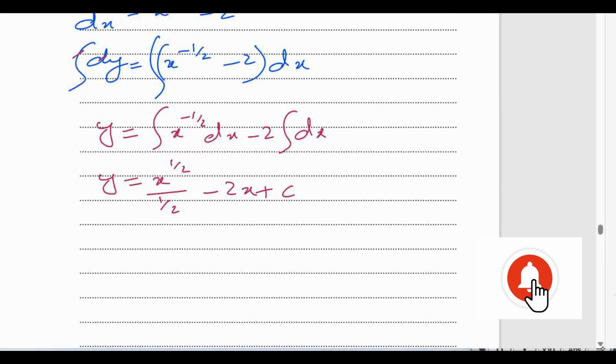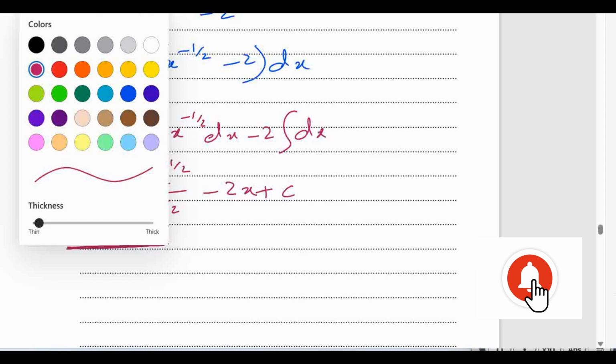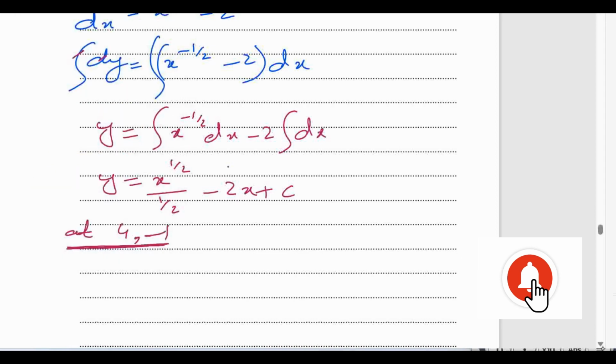Now at point 4 and minus 1, it is given in the question. Now let's see what will be the value of the equation. So this will be minus 1 is equal to 2 into x, where x is 4, power 1 by 2 minus 2 into 4 plus c.